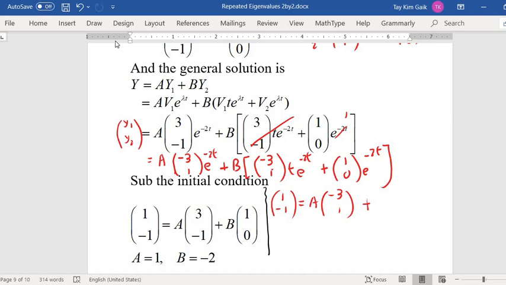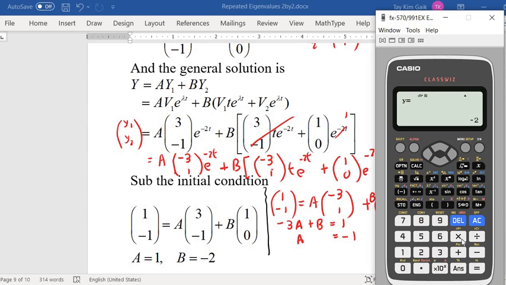Then we have 1, 0 multiplied by b, because when t is 0 this term is gone, only this term is 1. So solve this using your scientific calculator. Then you get negative 3a plus b equal to 1, and a equal to negative 1.